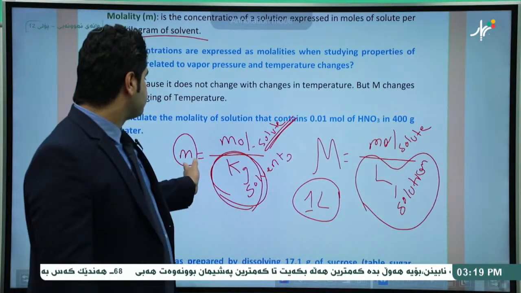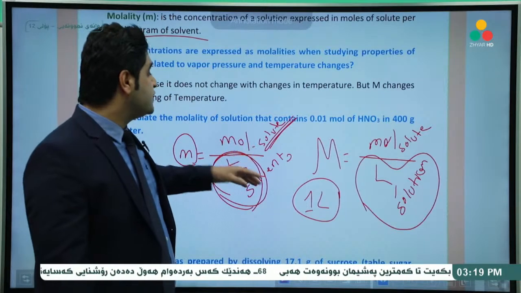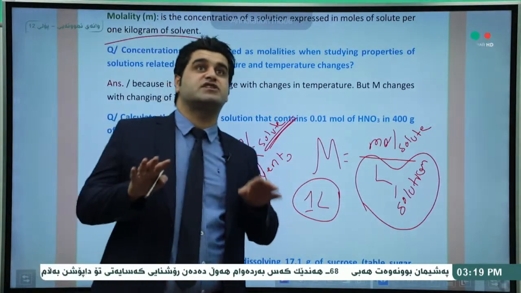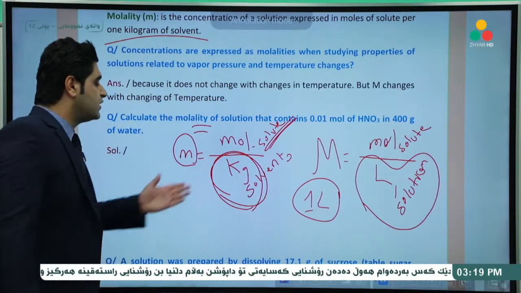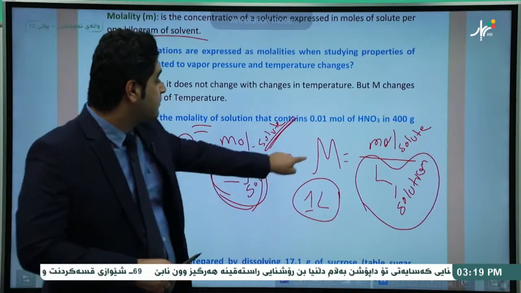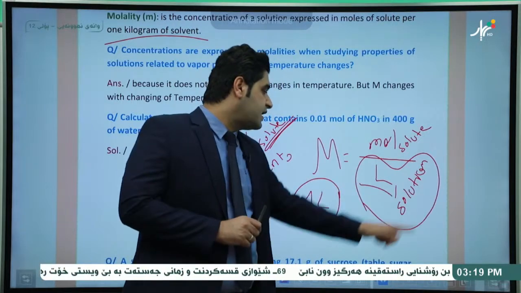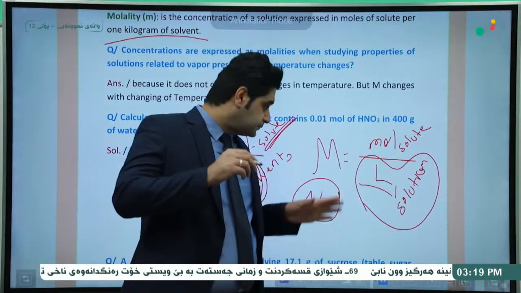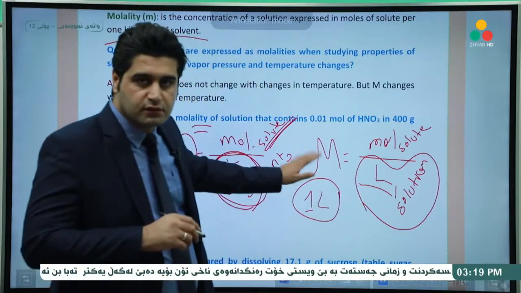So which of these expressions is the best to be used when we have changed temperature and pressure? Of course, molality. Why? Because molality can stay constant due to this kilogram, but molarity can be changed because of the volume. We have a volume at the bottom of the fraction.